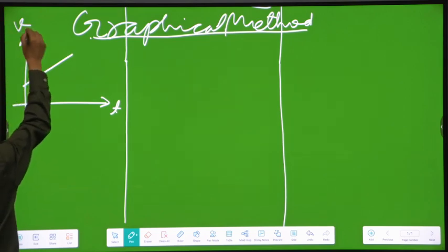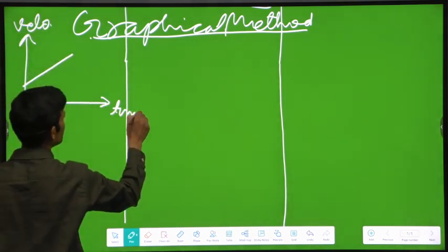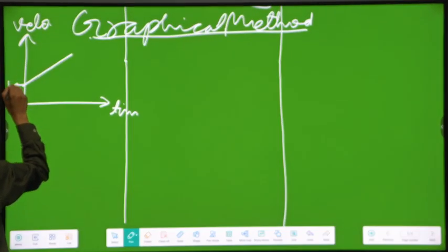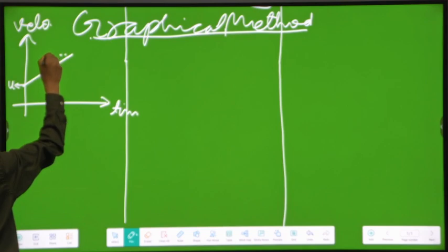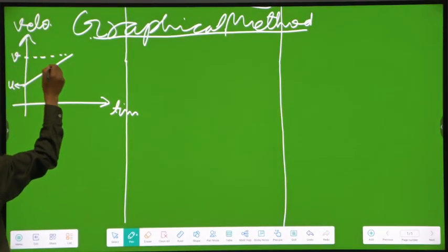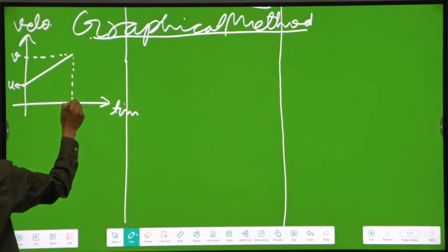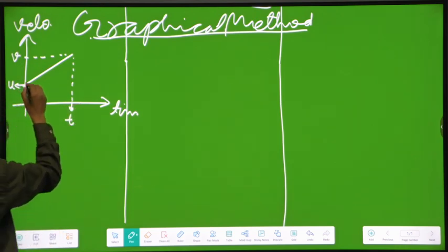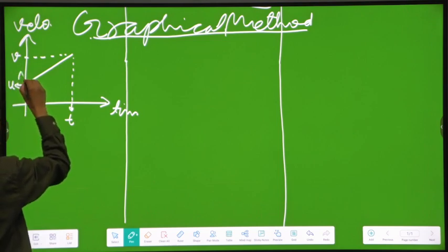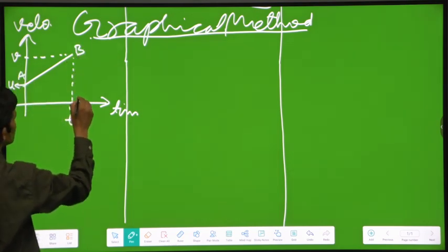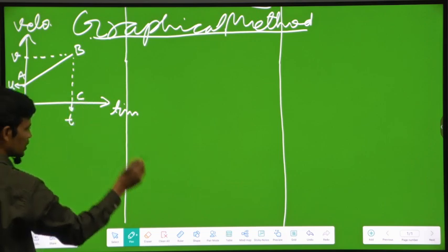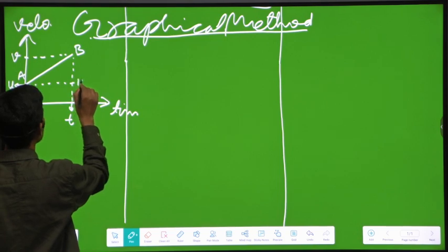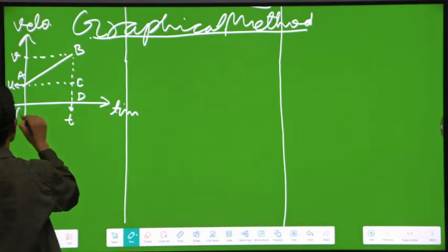Okay, so there is velocity, there is time, and let us suppose there is u and there is v and there is t. This point is A, B, C, D, and this is O already.